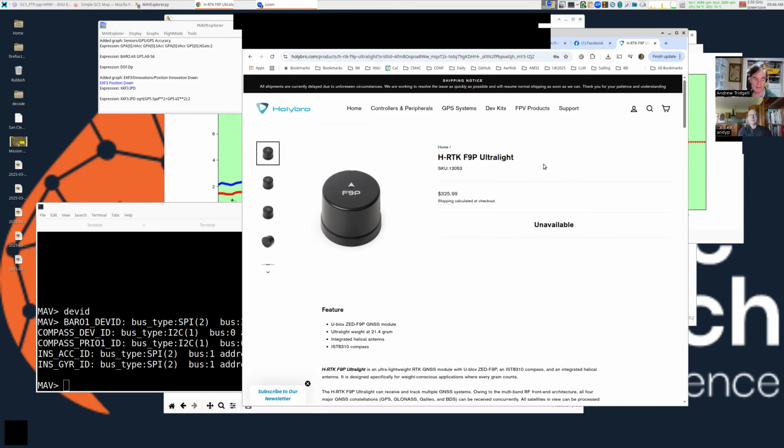There are some new L1, L5 u-blox GPSs that have come out that are worth having a look at, and they're going to become more common. Once L5 goes full production, I expect the cost of dual frequency L1, L5 GPSs to come down fairly quickly, and they're going to be a really good option.